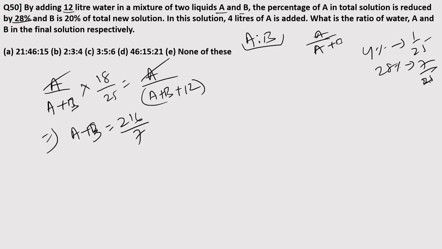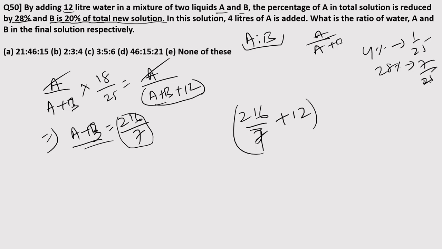Okay, and after that it is given that B is 20% of the new solution. A plus B is 216 by 7. New solution is how much? 216 by 7 plus 12, right?